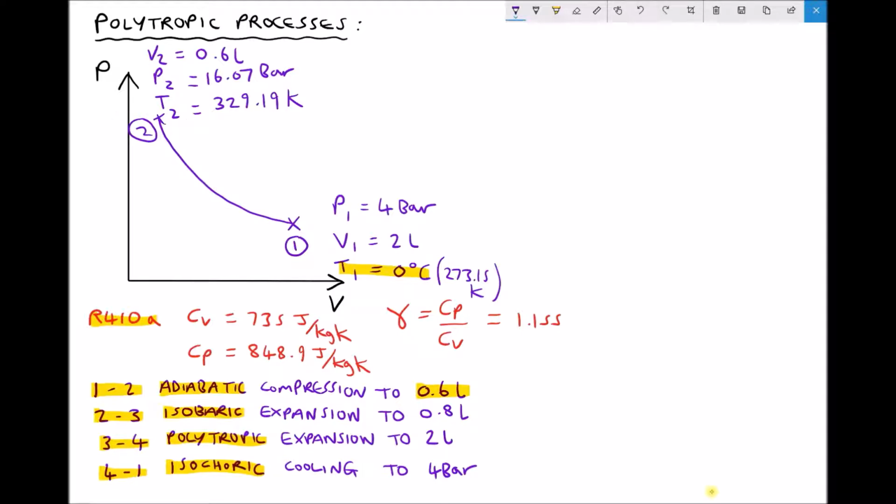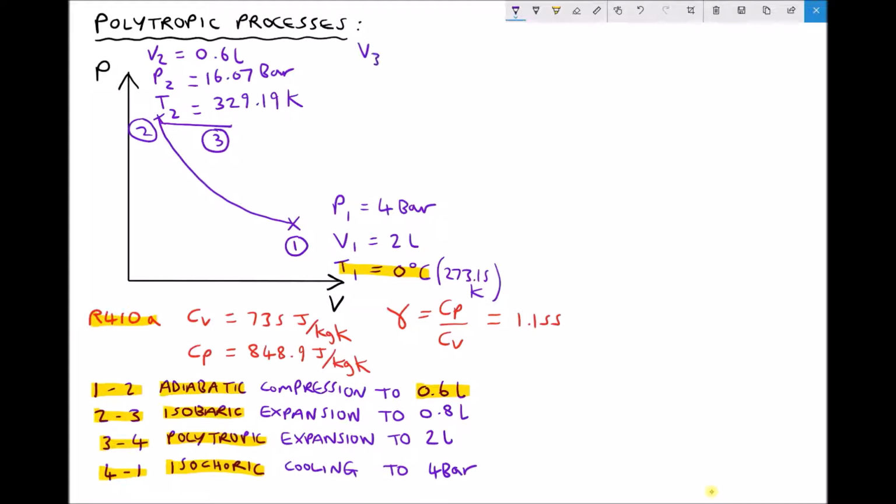So let's represent this as best we can on our diagram. We're going from 2 to 3, horizontally, like so. And in the bottom left-hand corner, we've specified that the isobaric expansion takes place to a volume of 0.8 litres. So we know that this expansion takes place until V3 equals 0.8 litres.